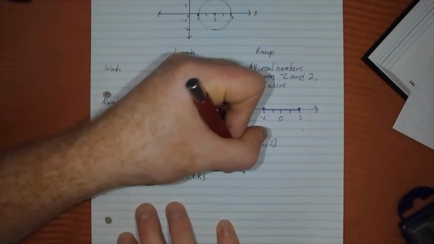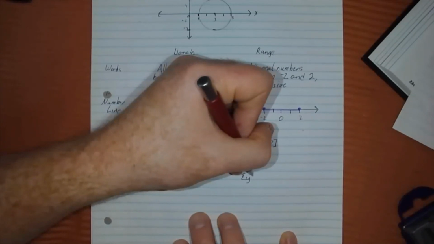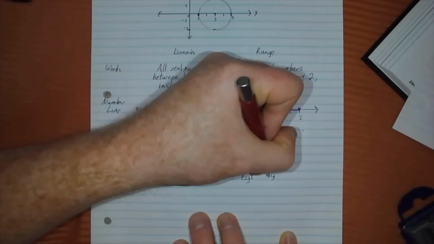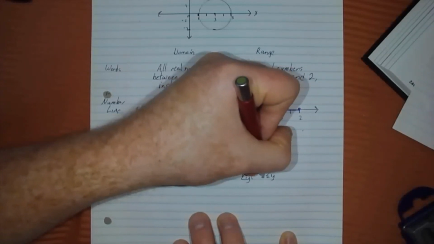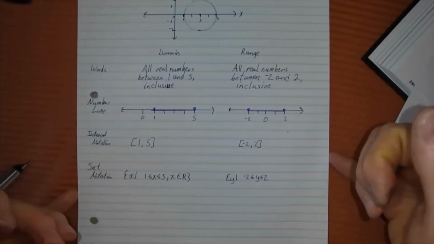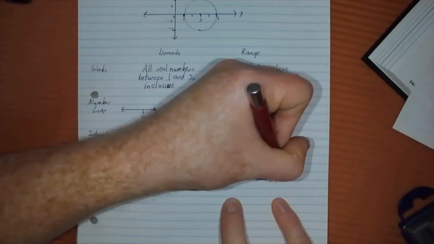The range is the set of values of y such that y is greater than or equal to -2 and less than or equal to +2. But y is an element of all real numbers.